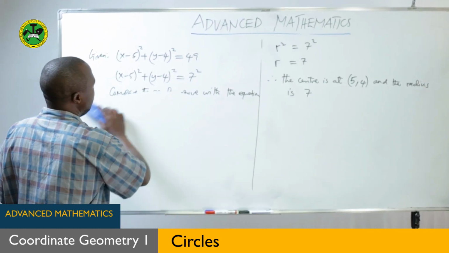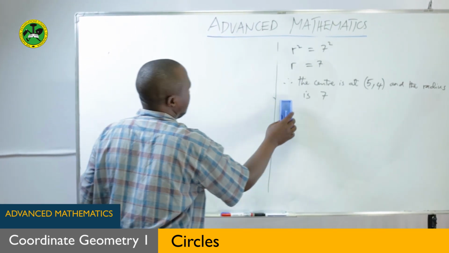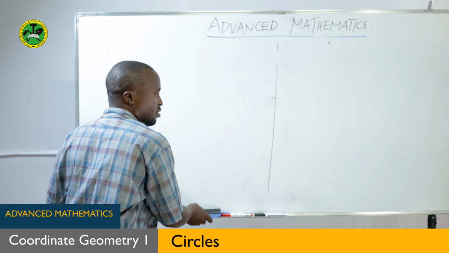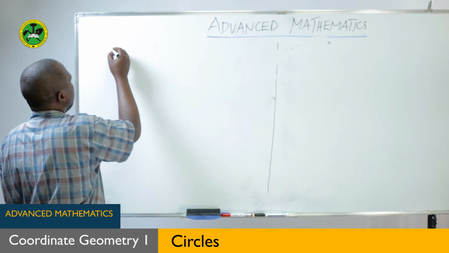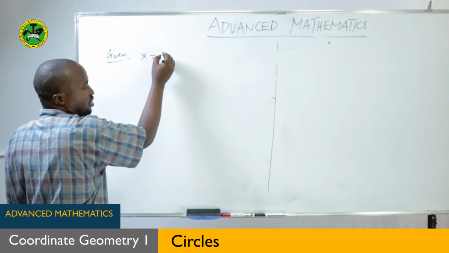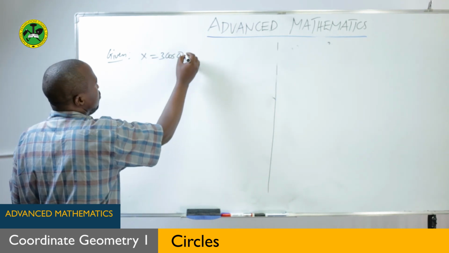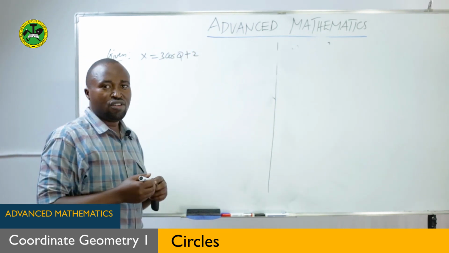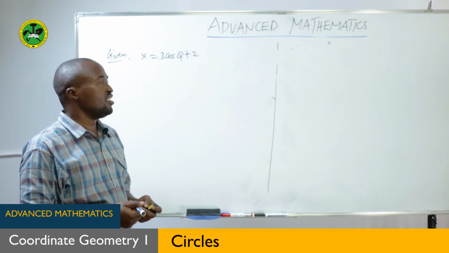Let us see how we can show the point at the coordinate of the circle. So in this case we have x is equal to 3 cos q plus 2. So dear student, here we can make cos q the subject.